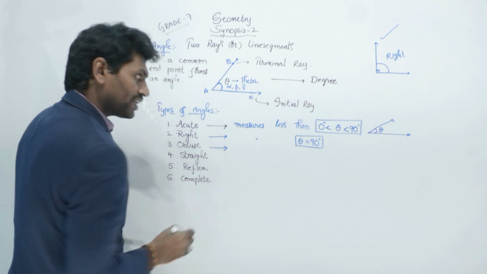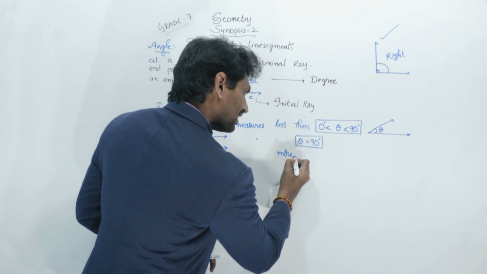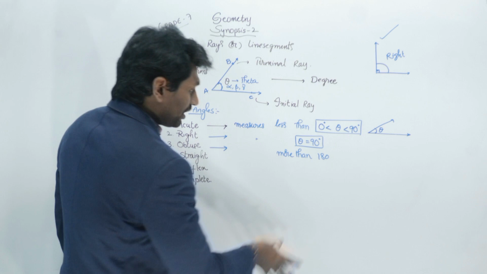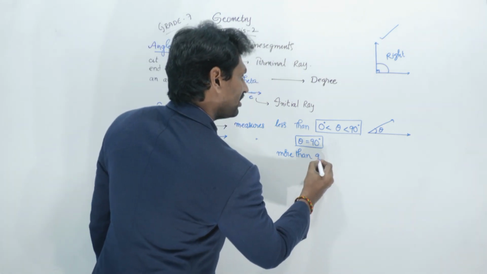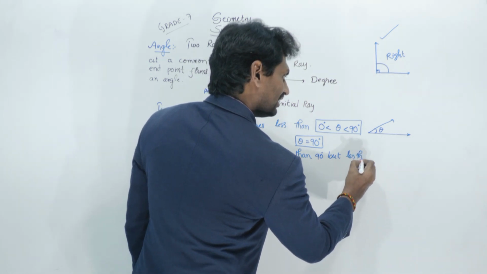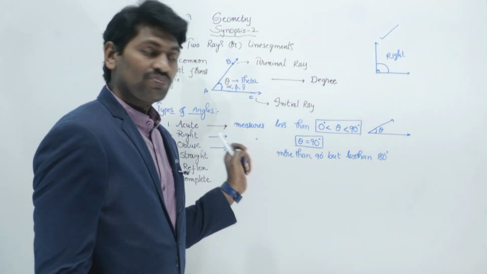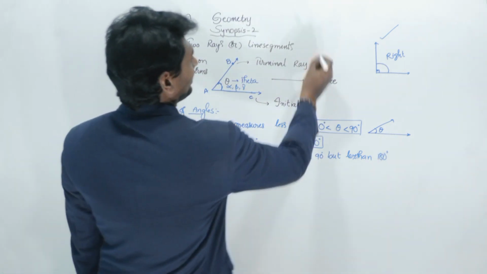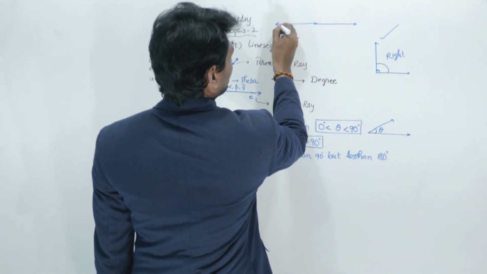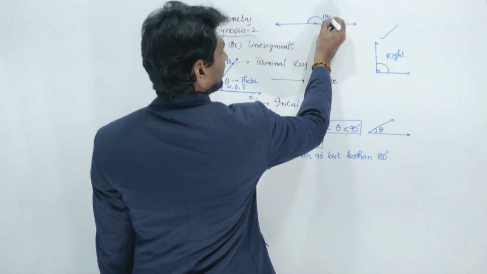Now, coming to the obtuse angle. The measure of the angle is more than 90 degrees but less than 180 degrees. If the initial ray and terminal ray come onto the same straight line, then the angle is exactly 180 degrees.